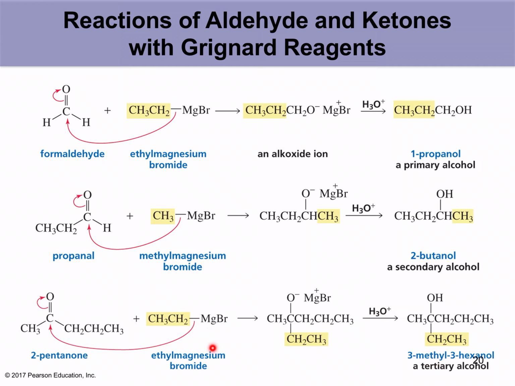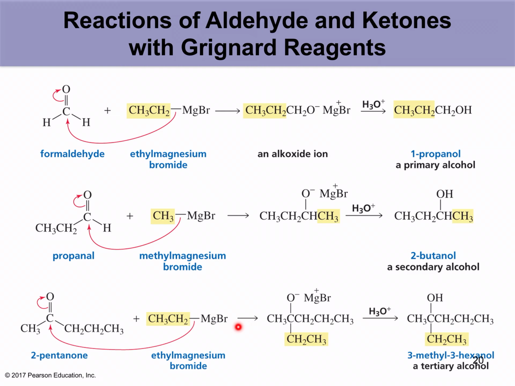Now this happens in 2 steps. Adding the Grignard reagent to the carbonyl compound, we have to do it without having any acidic water in the reaction mixture. You let it stir according to the recipe, however long it needs to be done.